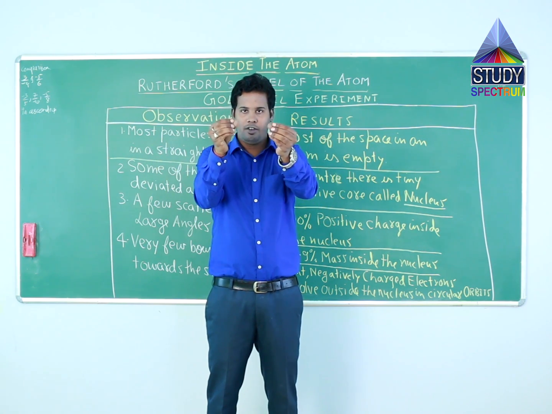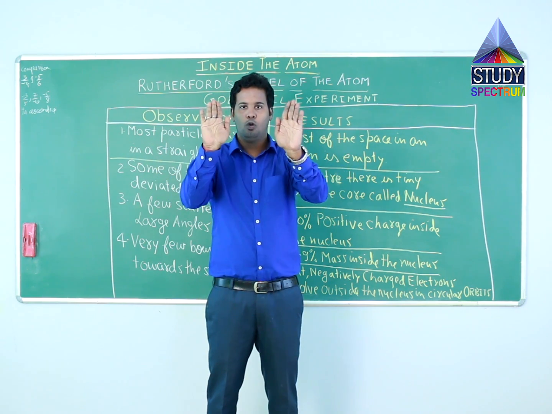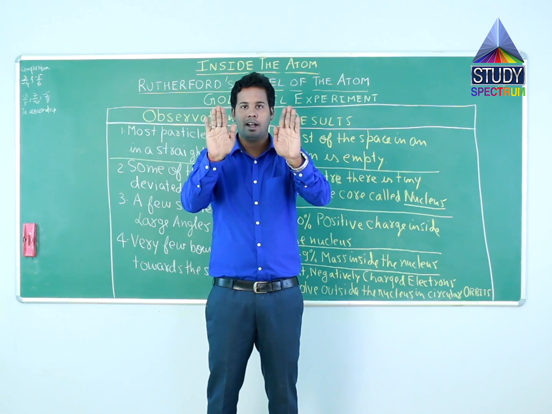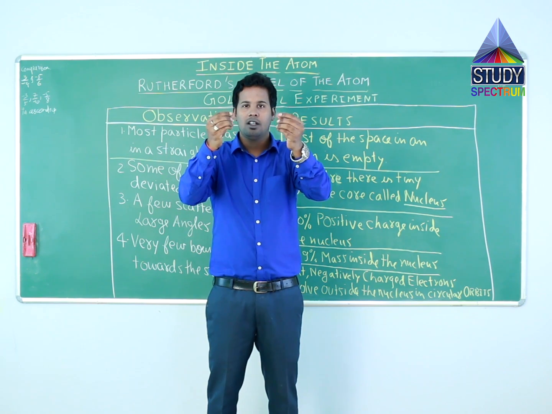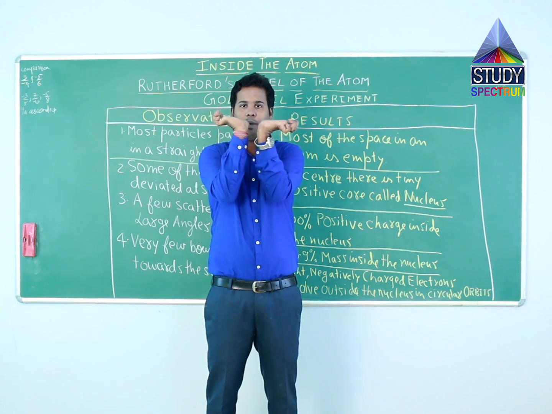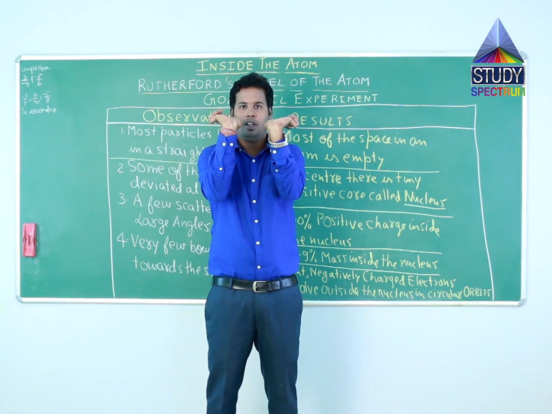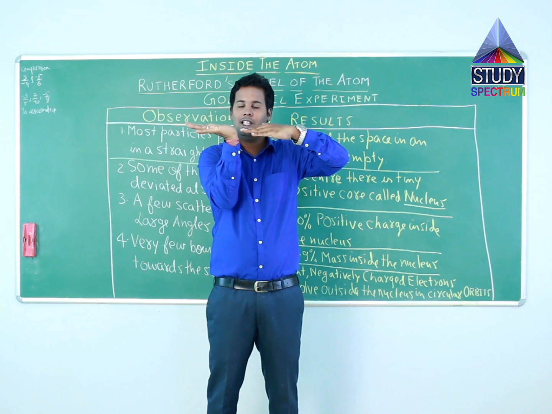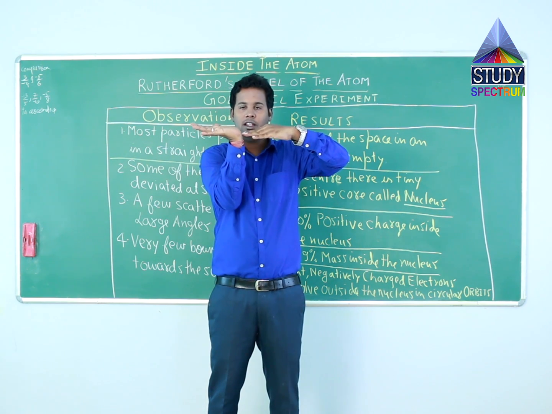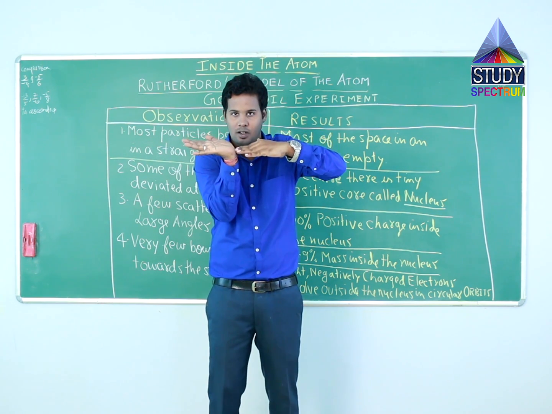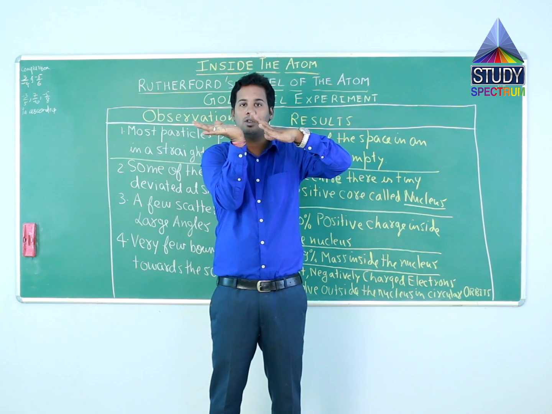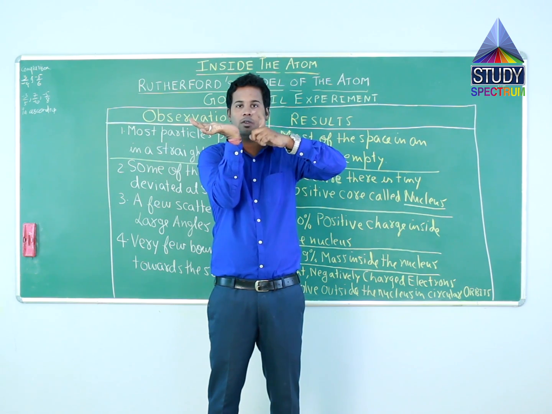Consider these two palms as magnets. Say these finger ends are the north pole of each magnet, and these palm ends are the south pole of each magnet. If I place these two magnets in this fashion, what will happen? They will attract each other. Why? Because these are unlike poles. This one is the north pole and this one is the south pole.